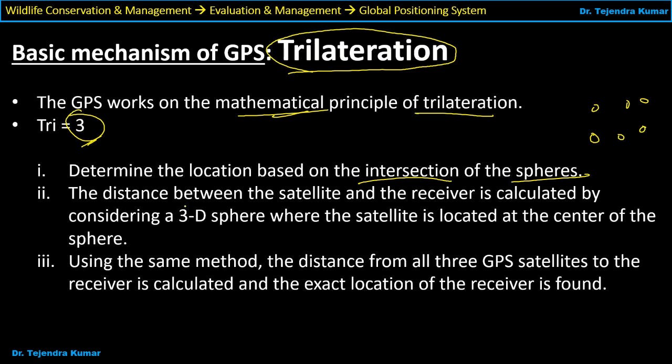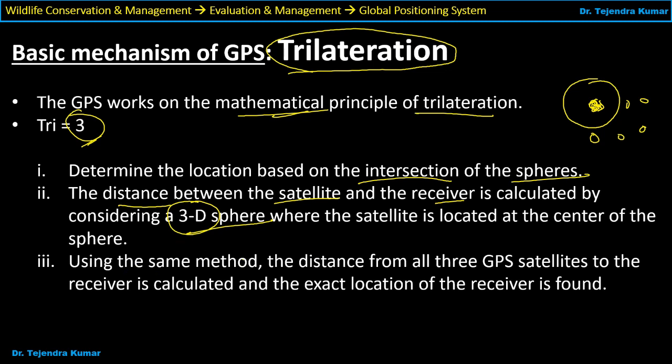Then the distance between the satellite and the receiver is calculated. Consider a 3D sphere where the satellite is located at the center of the sphere. Here the satellite is located and it is measuring the distance in a 3D format. So a 3D sphere is made.